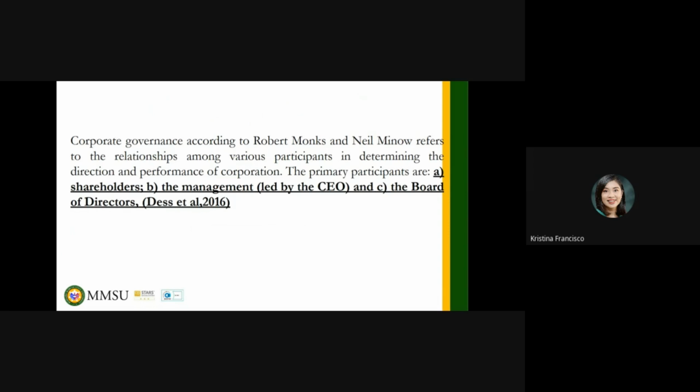And apart from the shareholders, meron din tayo yung, of course, the management itself. And it is usually led by the CEO. And of course, the board of directors. Okay? So sila yung main actors, main participants for governance. Okay? How they will run the organization.